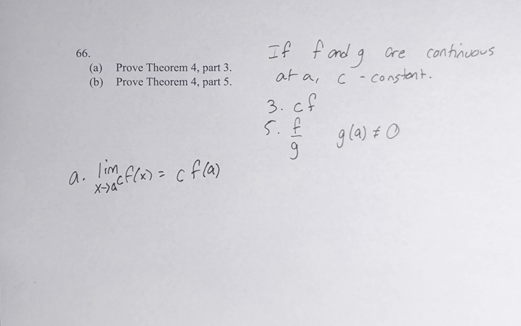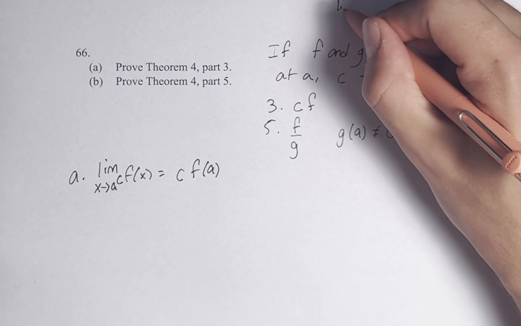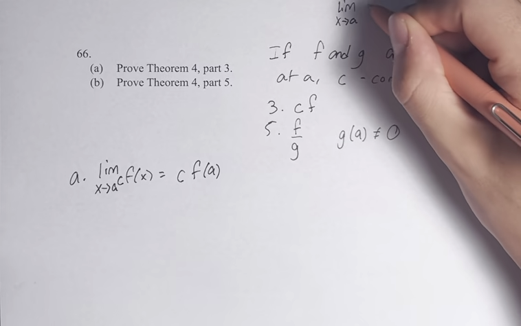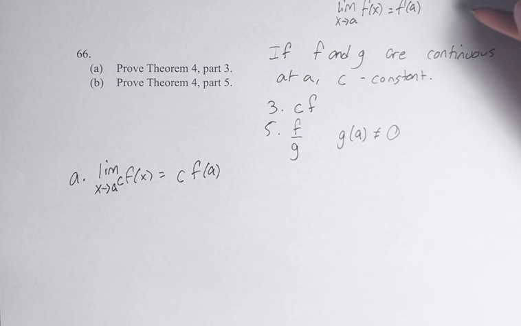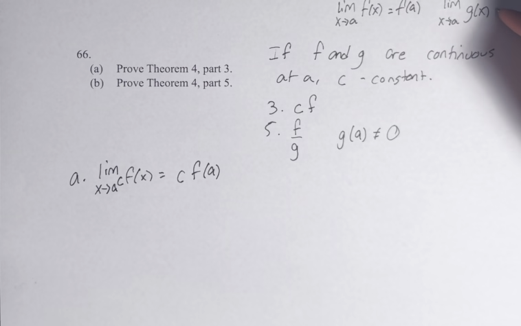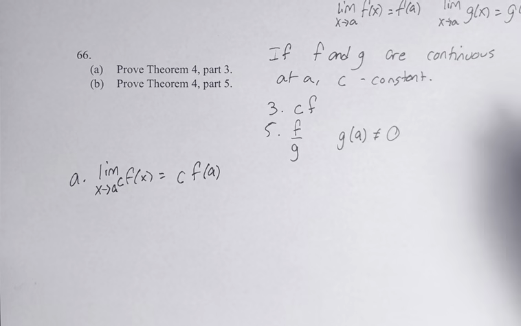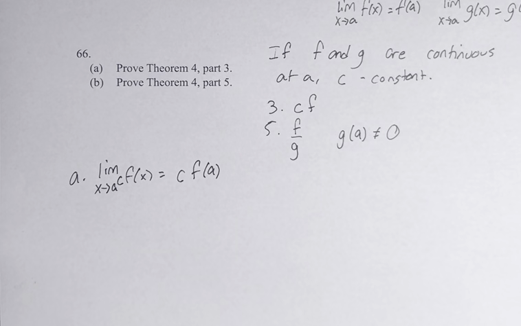And we are going to need the fact that f and g are continuous at a. So the limit as x approaches a of f of x is equal to f of a, and we don't need g yet, but we can just write it: the limit as x approaches a of g of x is equal to g of a. Now, how do we know this? Well, this is just the definition of continuity for a function.